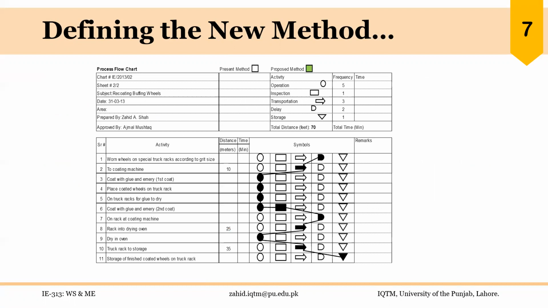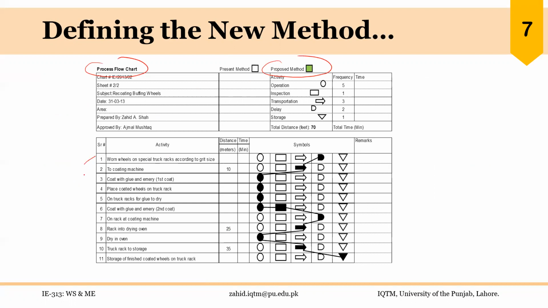Here is an example of defining a process or a method. So here we have a flow process chart for the proposed method.